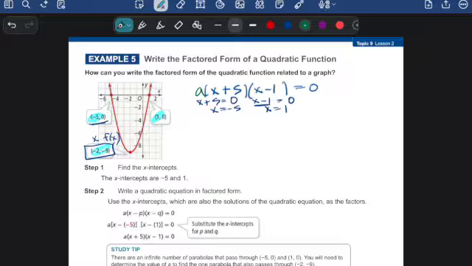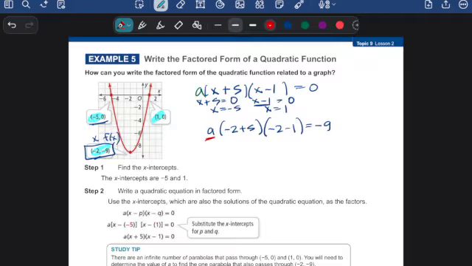So if I plug in these values, now I know my output is going to be -9. Let's write it like this. A times, I'm going to say x is -2, -2 plus 5, and -2 minus 1 equals whatever my output is. My output isn't 0 anymore. My output's going to be -9.